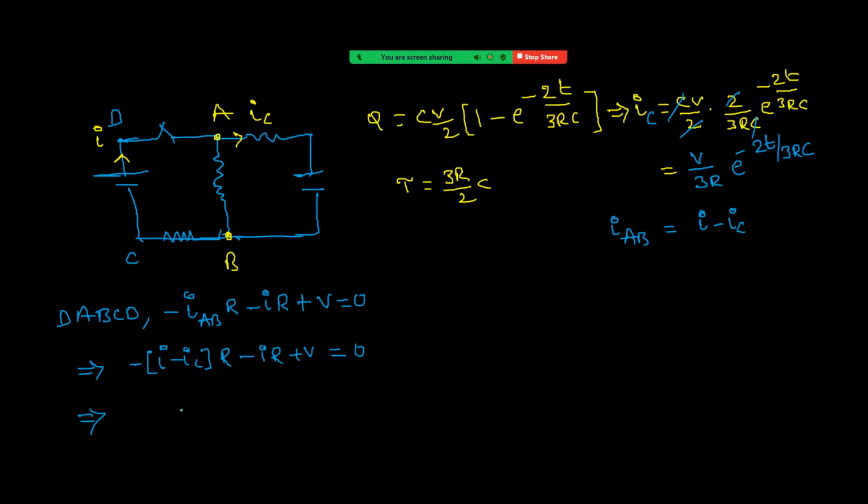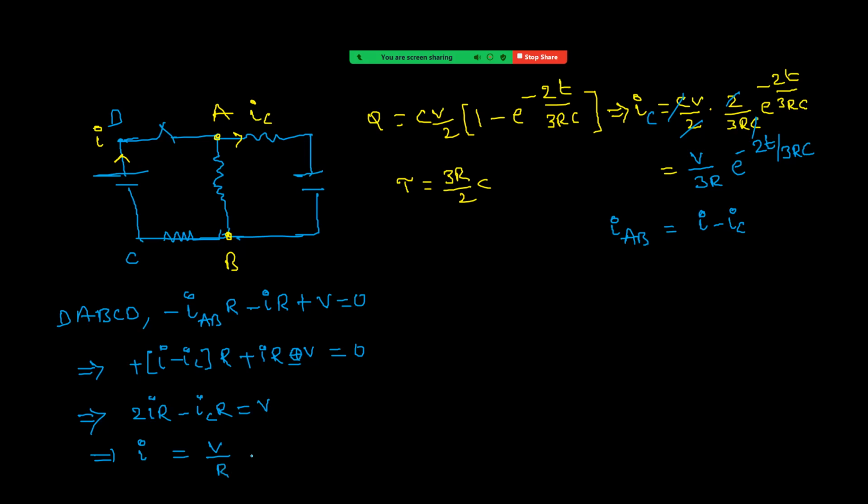Minus IR minus IR, or you can say 2IR minus ICR, if you multiply with minus on both sides, equal to V. That implies I equal to, see how much we get?